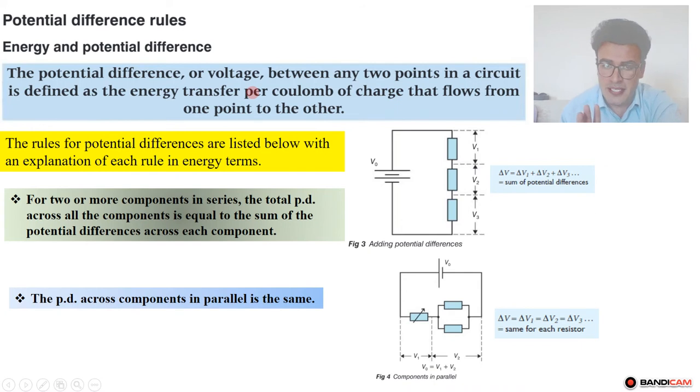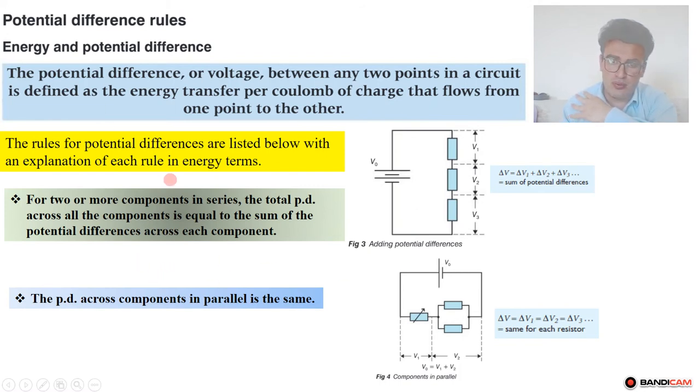This is the main idea. You have to know it very well, and please write this down. In an electric circuit, the potential difference is the energy transfer per charge from one point to another point.